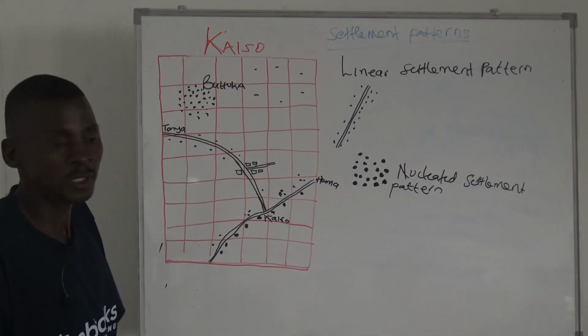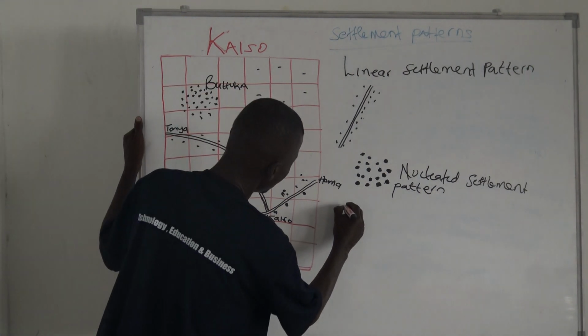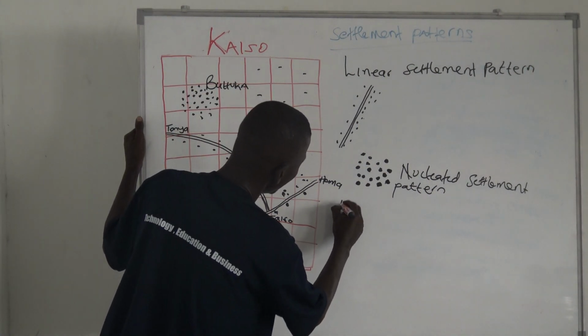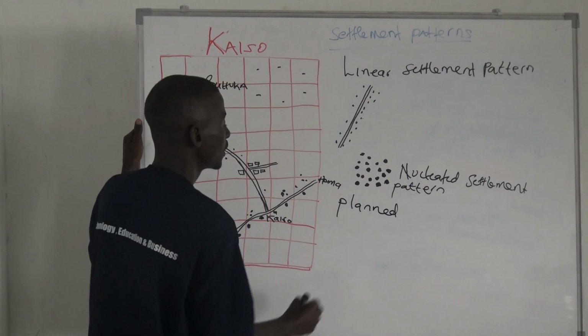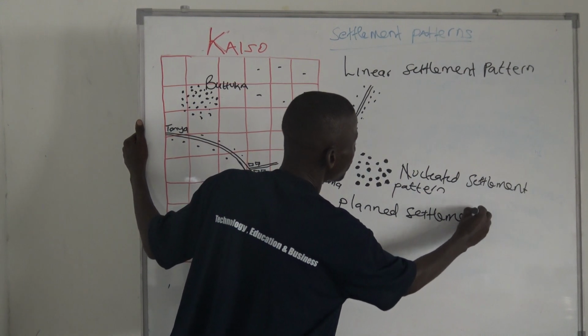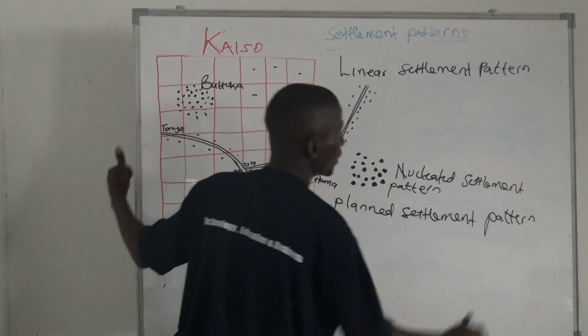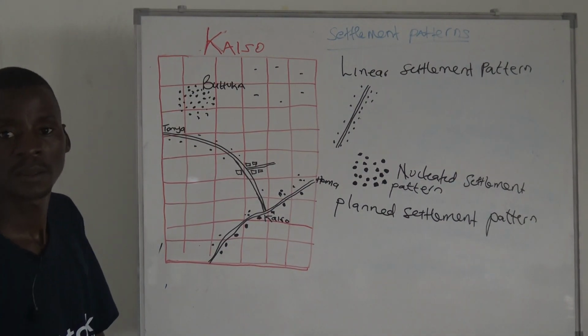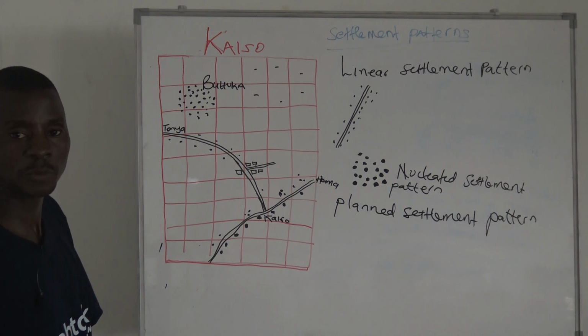The other type of settlement pattern is called the pyramid settlement pattern. How does a planned settlement pattern look?